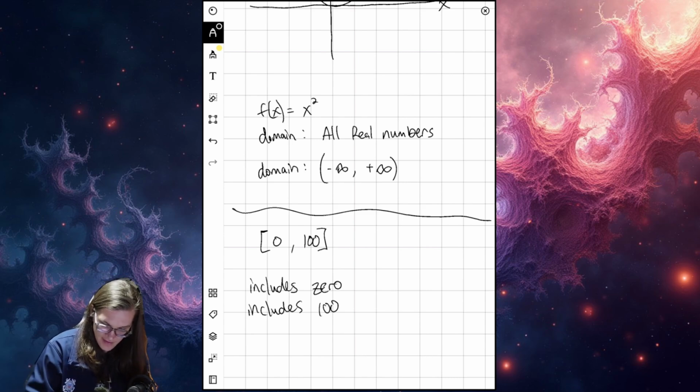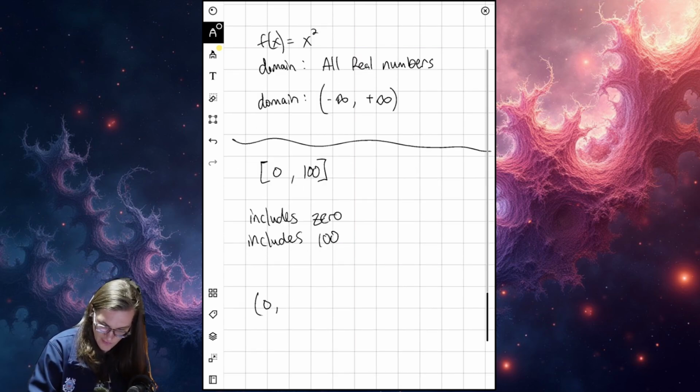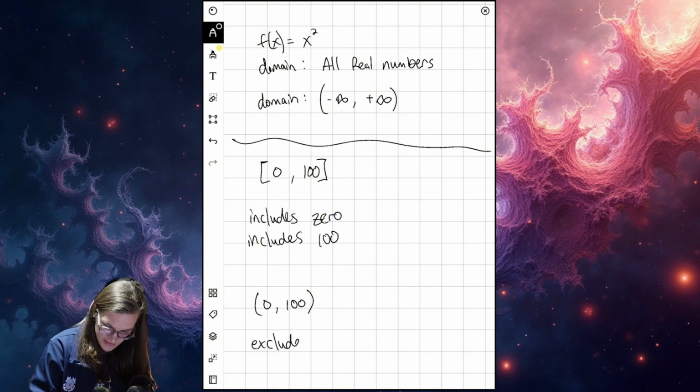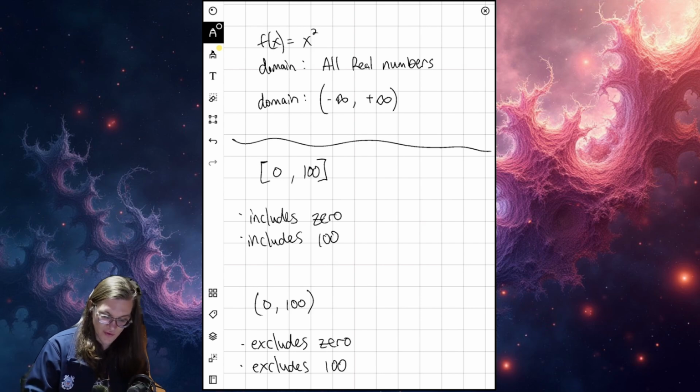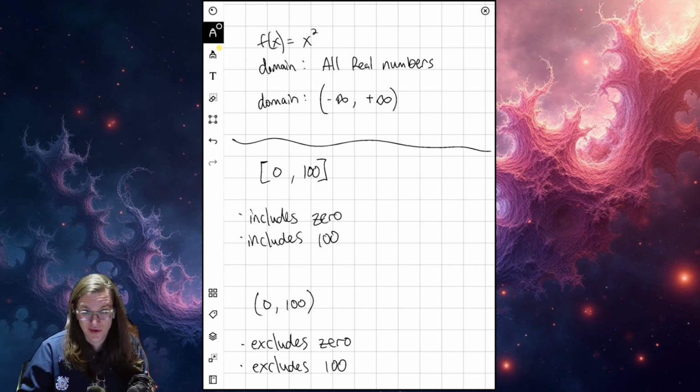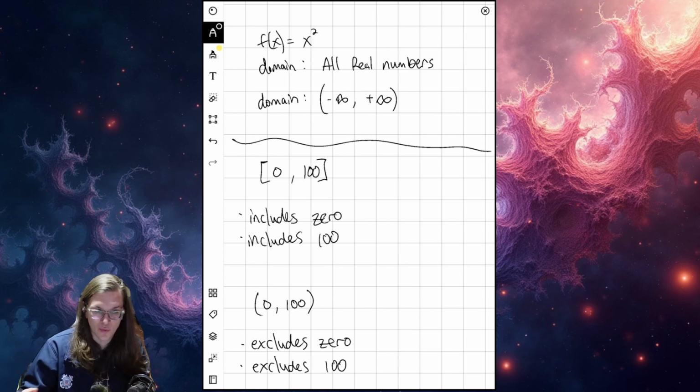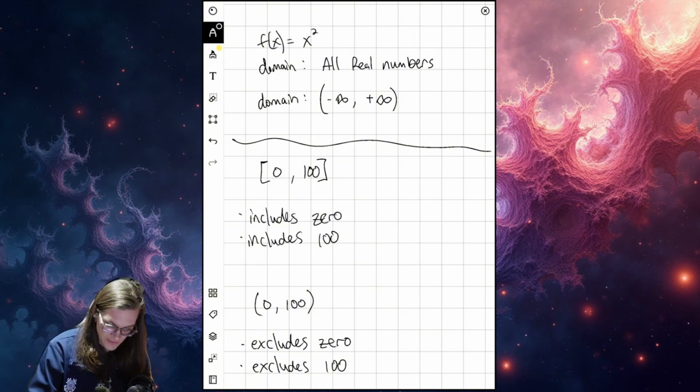But if you have this domain, this means excludes 0 and excludes 100. So in this case, it would be 1, 2, 3, 4, 5, 6, 7, 8, and then 97, 98, 99, and also the decimals, so 0.00001 and 99.99999 are all included, but 0 and 100 are not included.